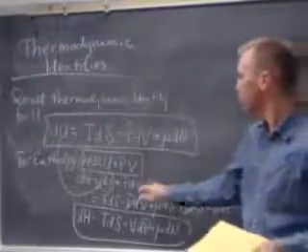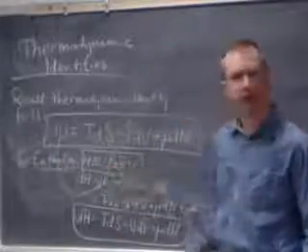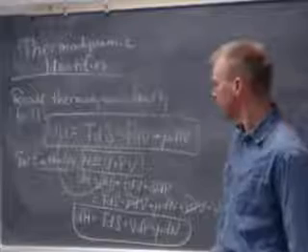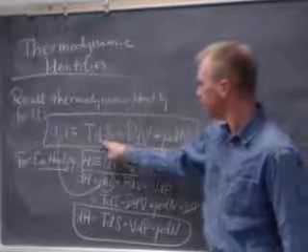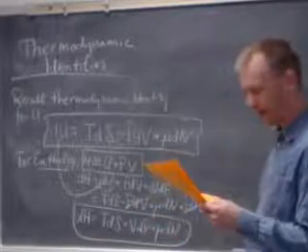And that is our thermodynamic identity for enthalpy. I just started off with the definition of enthalpy, took the differential on both sides, and substituted the thermodynamic identity in for dU. Simplified, and that was it.